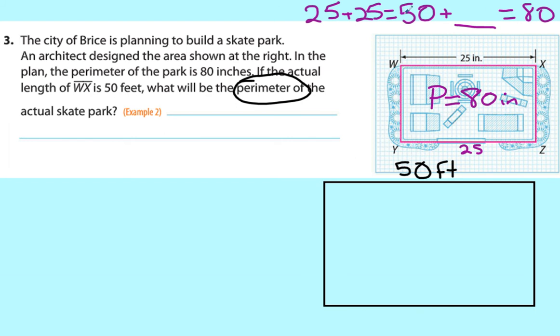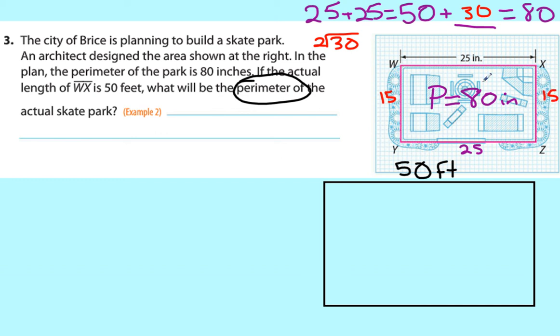So 50 plus what number is 80? Well, hopefully you came up with that's just 30. So that doesn't mean that each of these sides is going to be 30. It means both these sides put together has to be 30. So really we got to think, what's half of this? Or what's 30 divided by 2? And that gives us side lengths of 15.